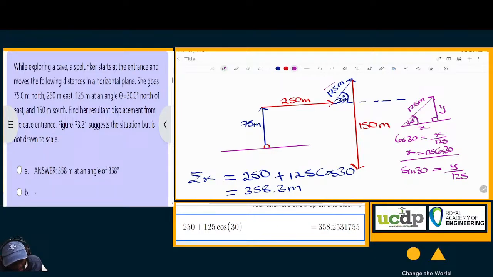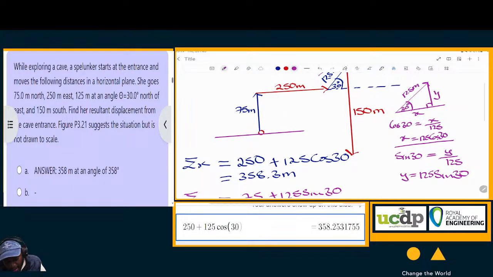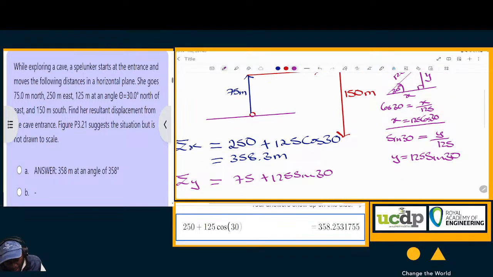So which means that your y there is equal to 125 sine of 30, and we're told that this person then moves south, which is negative, because this is displacement. In case you're wondering why it's negative, that's displacement.